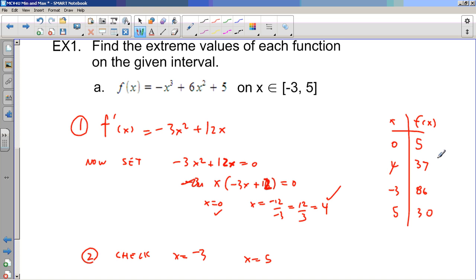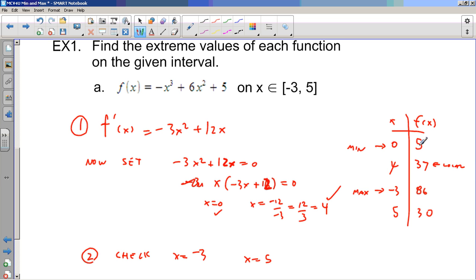So what do I have? Well, it looks like that's a minimum. That's the lowest value. This one's the maximum. So what happens with these other ones? Well, this is a local max, right?